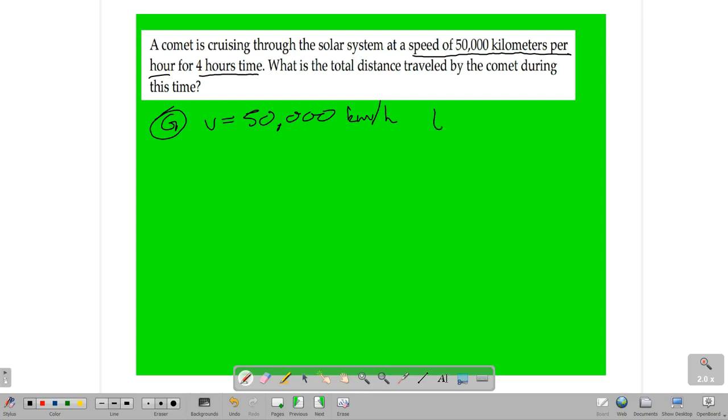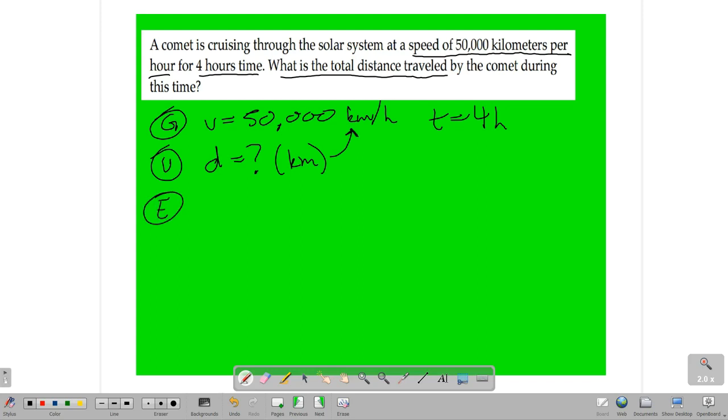So that is another given. Time is equal to 4 hours. Now for the unknown, it says what is the total distance traveled? So we are now solving for distance. And this is going to be in kilometers because that's what we have for our velocity, kilometers per hour.